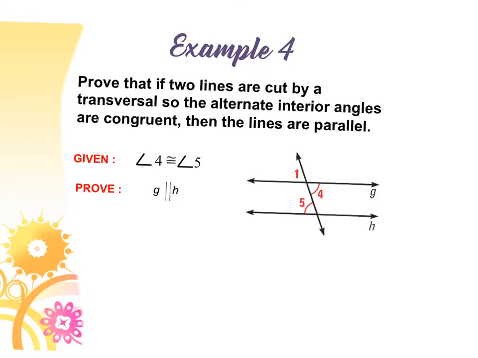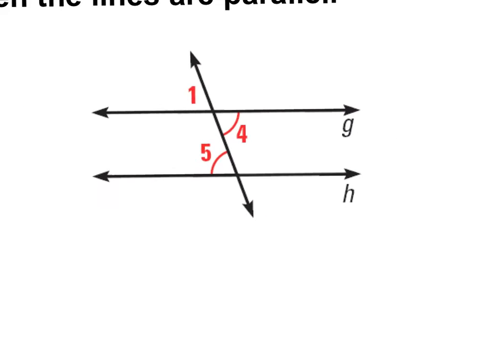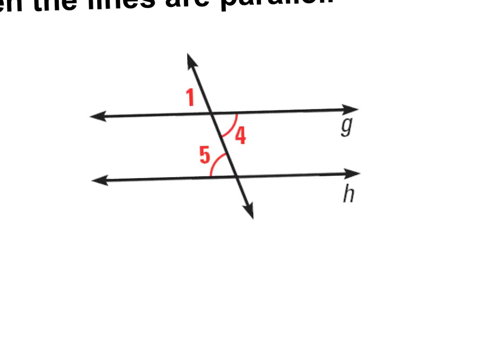Exactly. So think about your overall proof, because there's not even steps there, right? And trust me, you're going to get lots of proofs. So if you're given that angle 4 equals angle 5, and again, you're not even using alternate interior angles theorem, could you eventually get to where G is parallel to H? How?